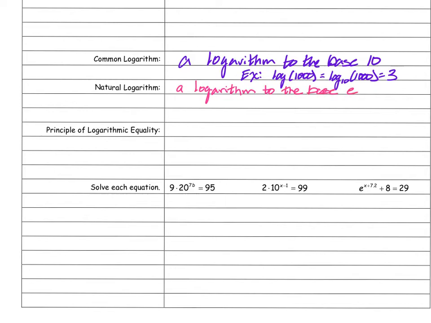So an example would be the natural log, and yeah, I know it should be an L, but they still wanted to start with an L, so it's ln, natural log of 7.389, which equals the log base e of 7.389, which is approximately 2.